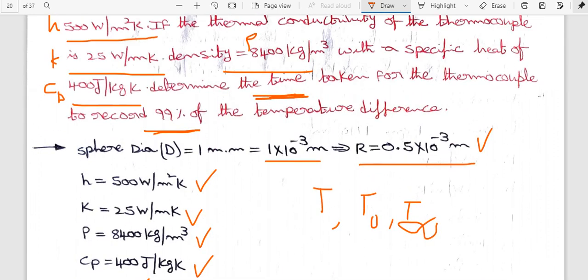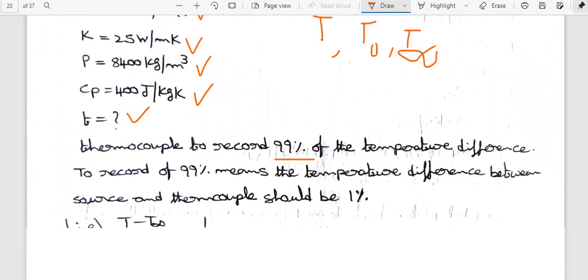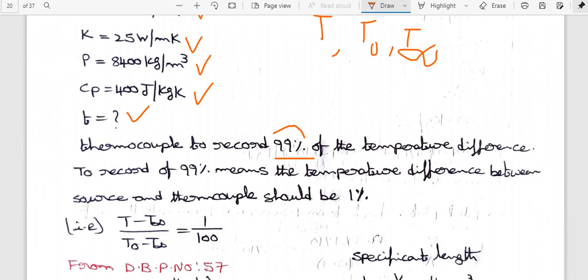So now we can take it from the question. The thermocouple records 99% of the temperature difference. So 99% means 100 minus 99.